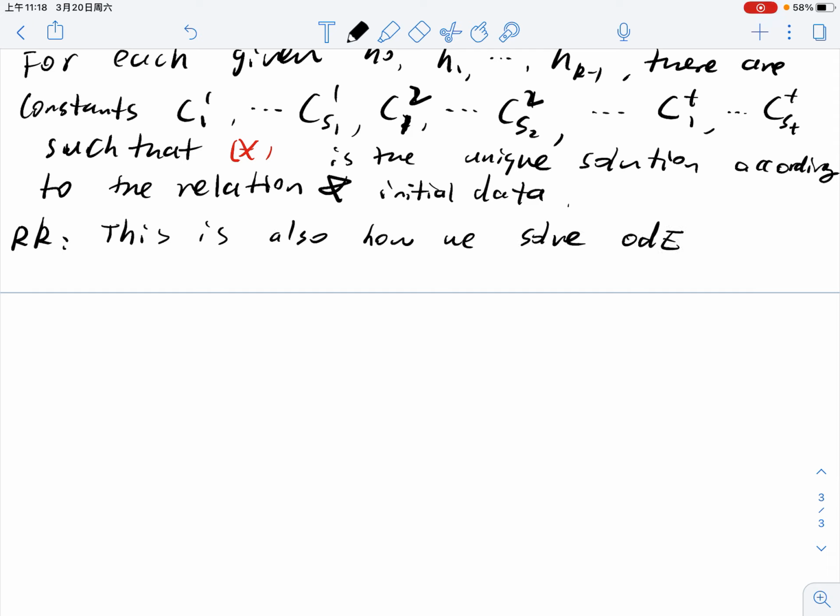If you learn the ordinary differential equation theory in some course, this is exactly the method they use there. So basically, there's no difference. I view this as a discrete version of the ODE.